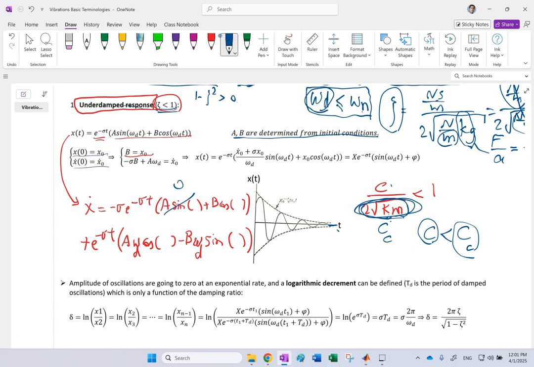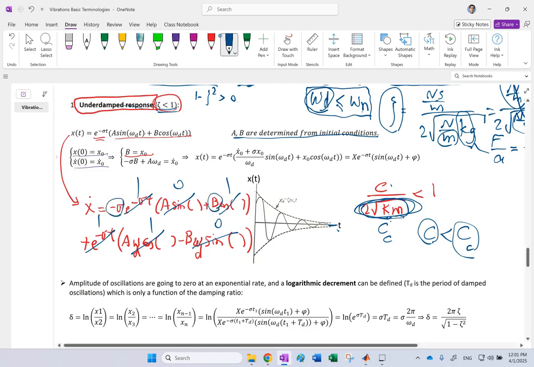Sines will be 0, cosines will be 1, and the exponentials will also be 1. So what would you get? You will get negative sigma times b plus what? A times omega d. This is equal to x dot 0.